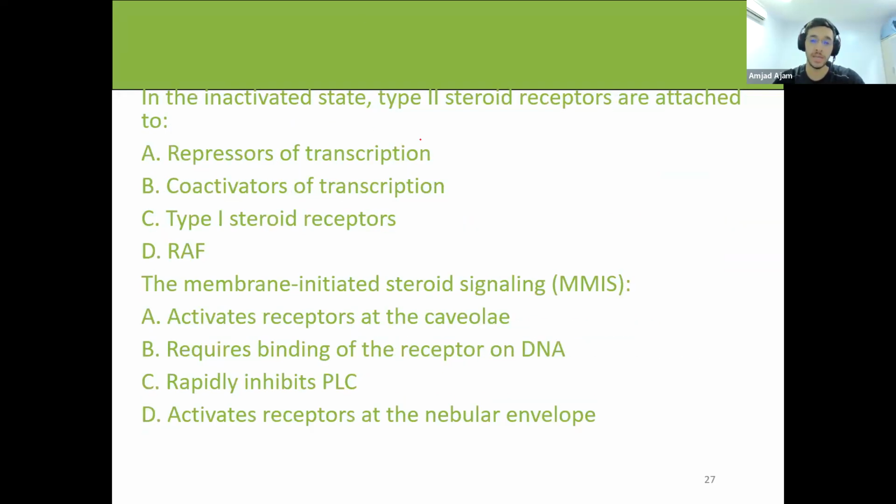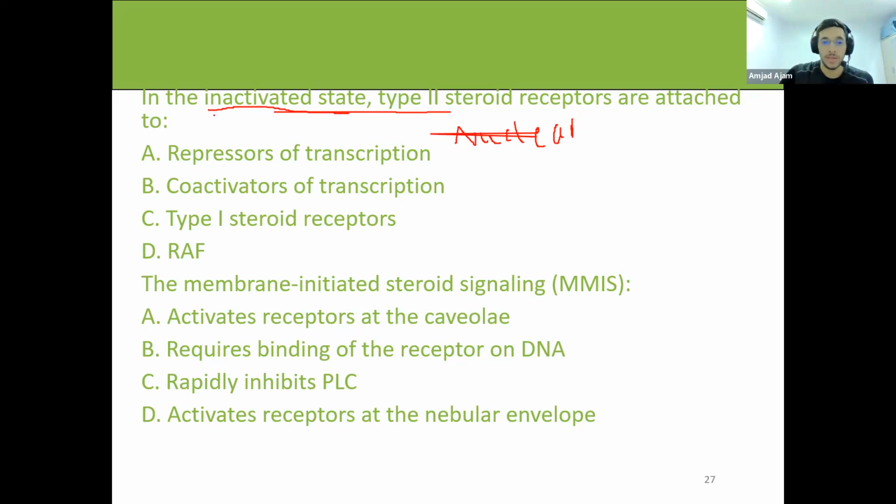Last slide. In the inactivated state, type 2 steroid receptors are attached to what? We said that type 2 are nuclear, so they are in the nucleus. We said that for the receptors present in the nucleus, we need something to repress or inhibit them from initiating transcription when there is an absence of the hormone.